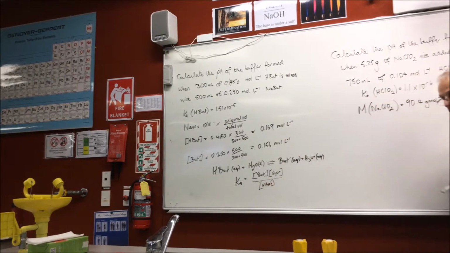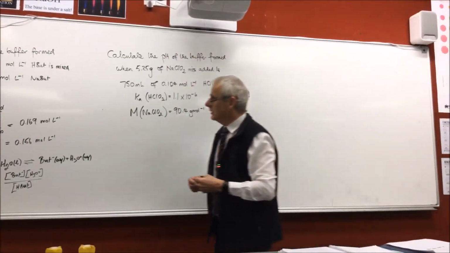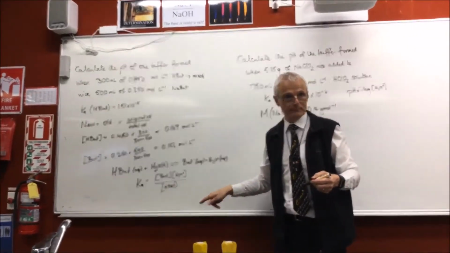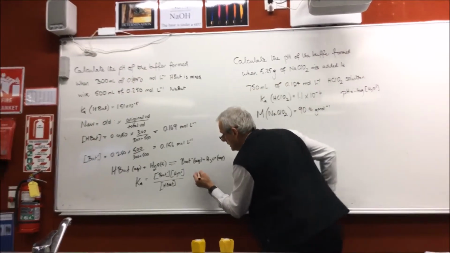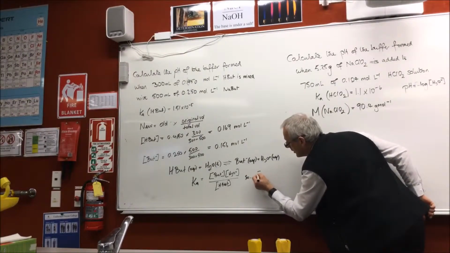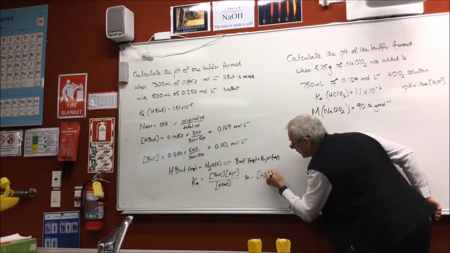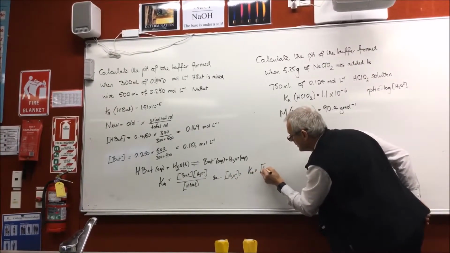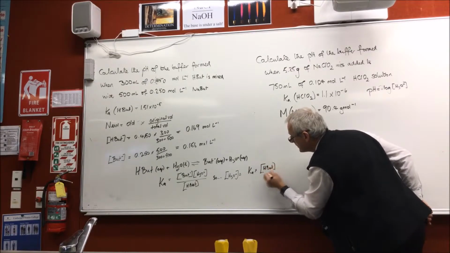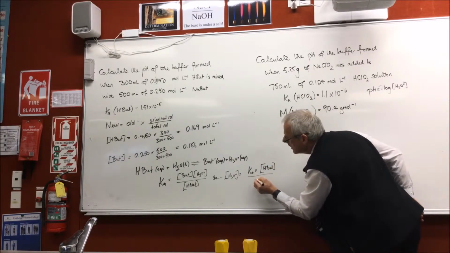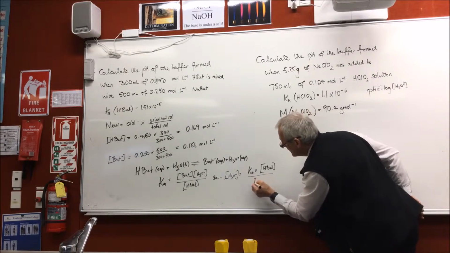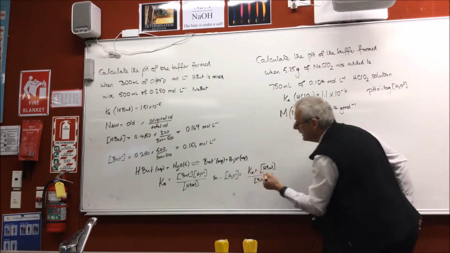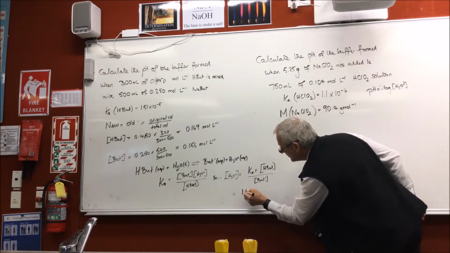Once again, look what the question's asking you for. We're going for the pH, so which part of this expression needs to be the subject? H3O plus. So if we rearrange this, it's Ka times HBUT divided by BUT minus. Ka is 1.51 times 10 to the minus 5.